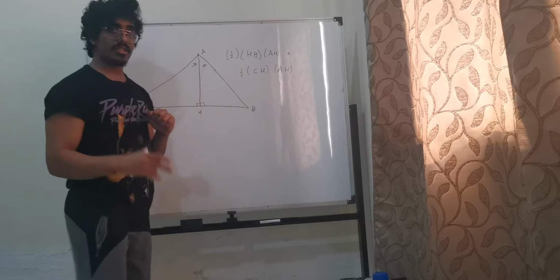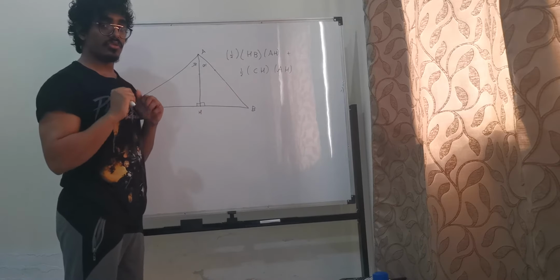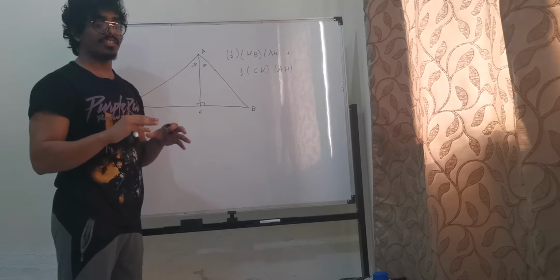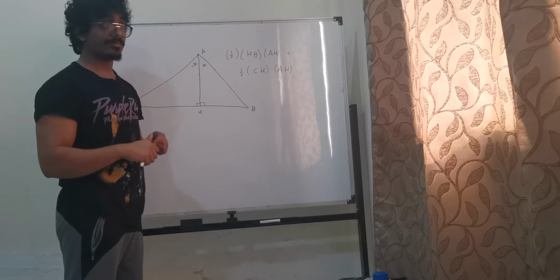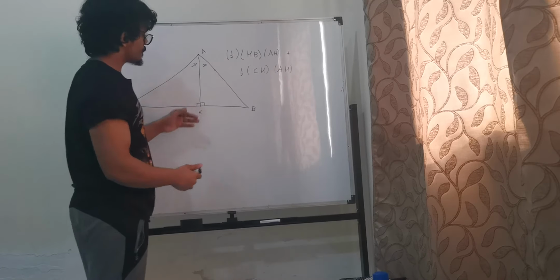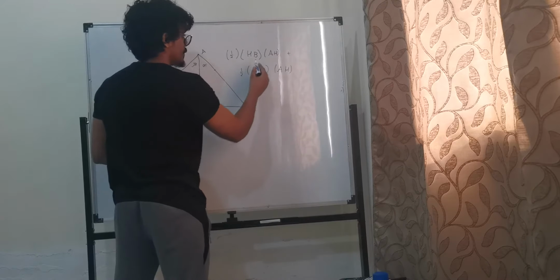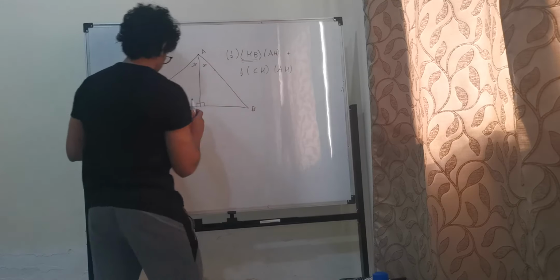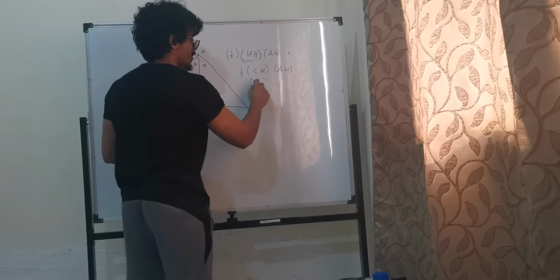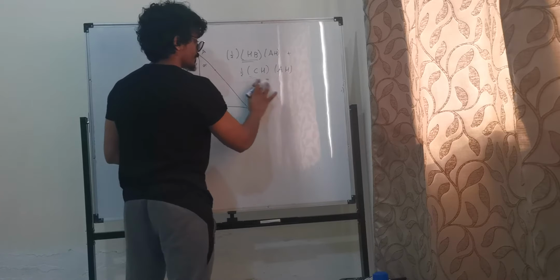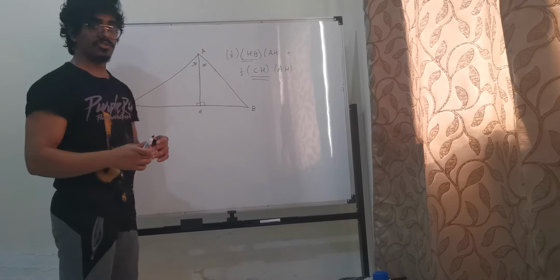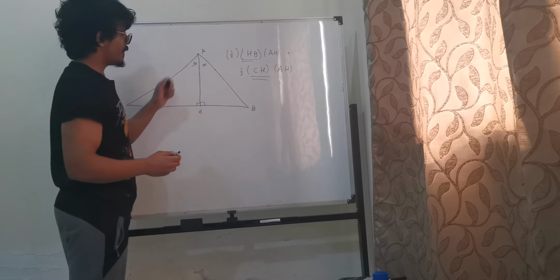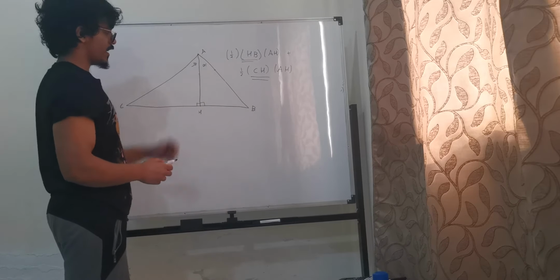In this expression, there are two things that we don't know the value of and don't want to appear in the expression, namely HB and CH or HC. How can we find them using just the angle and the length of AH?